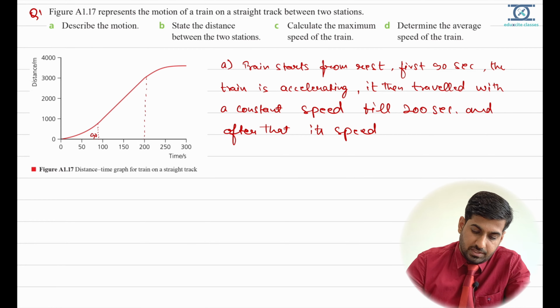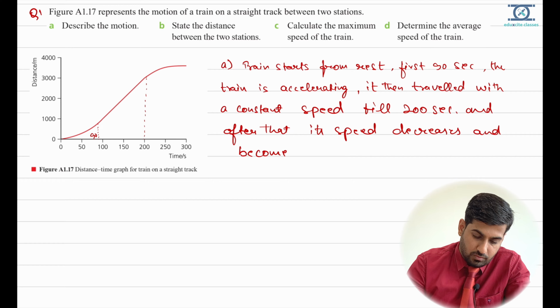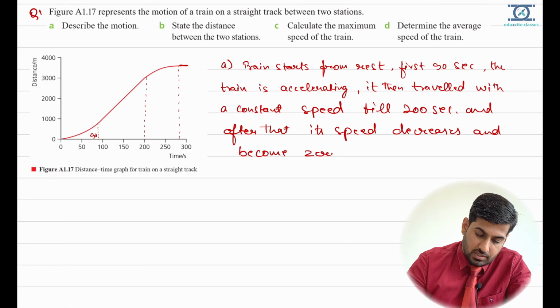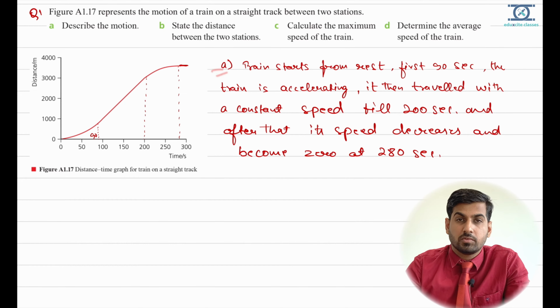After that the speed decreases and becomes 0 at somewhere around 280 seconds. So this is how we can describe the motion of the train.